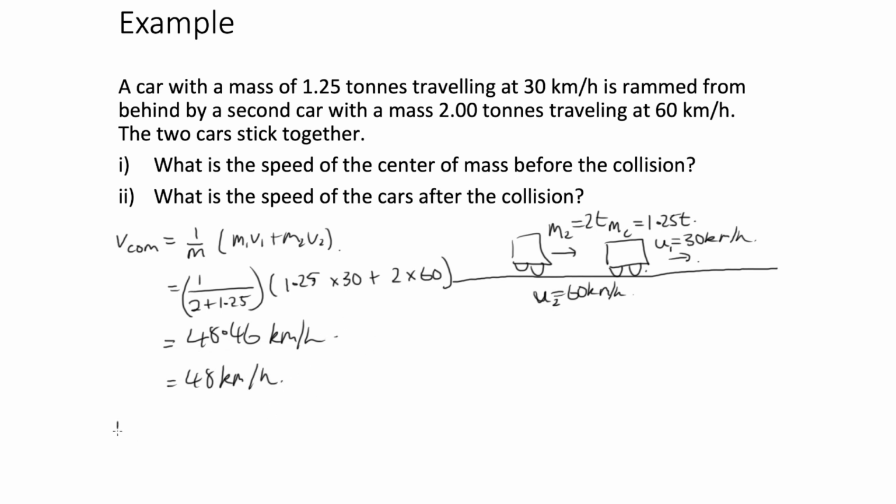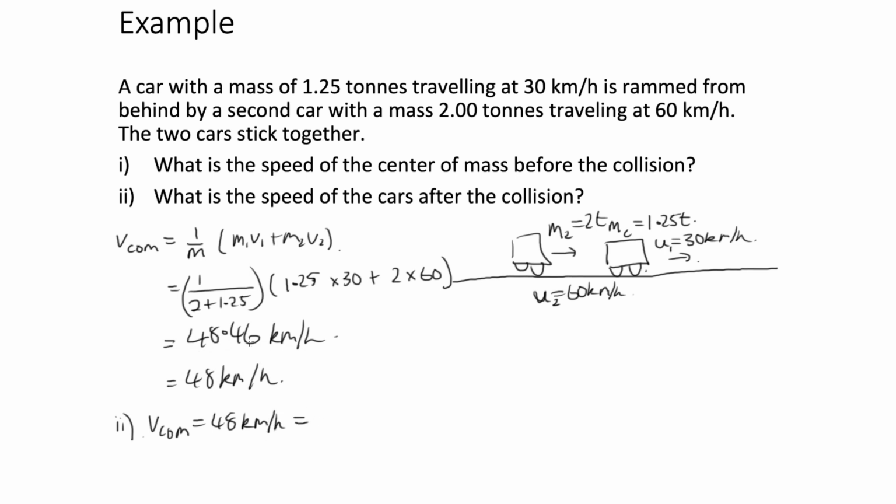And then in part 2, we're asked what is the speed of the cars after the collision. So since there are no external forces here, all the forces come from the second car, which is part of this system, we know that there is no acceleration of the center of mass. So the V center of mass remains at 48 kilometers per hour.